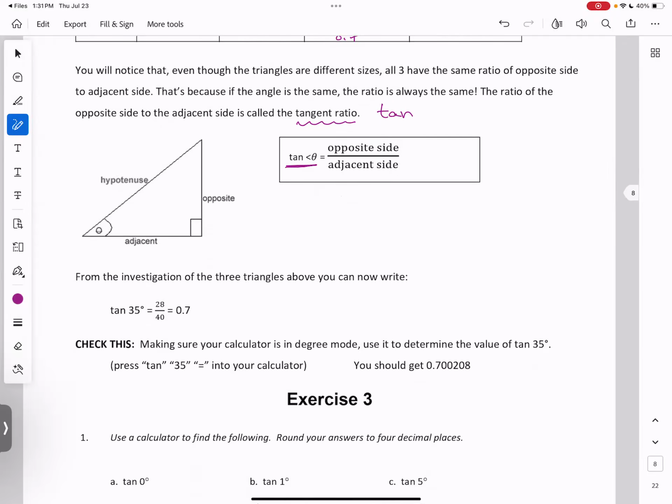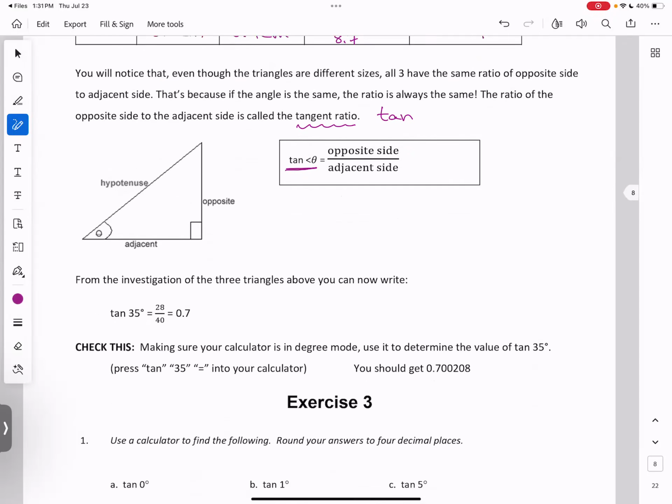When you're in degree mode, if you hit the tan button, so you do tan 35 equals, you'll get an answer like this here. That is telling you the tan of 35 degrees, that ratio, is always 0.7002075538. It's more precise than our estimate.